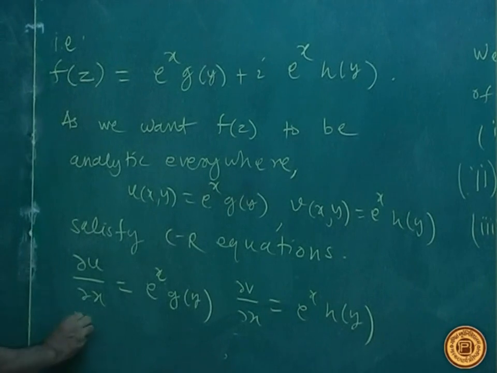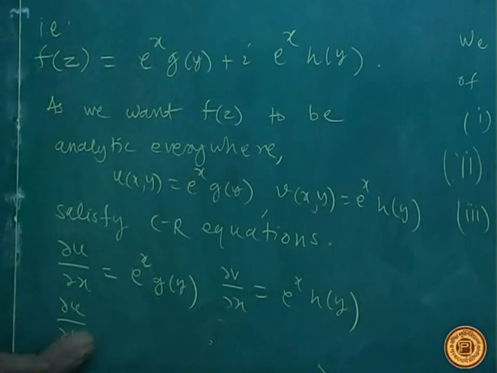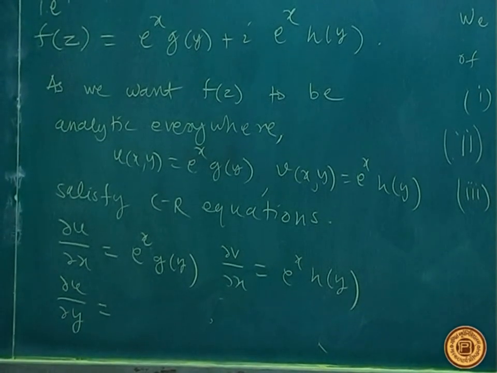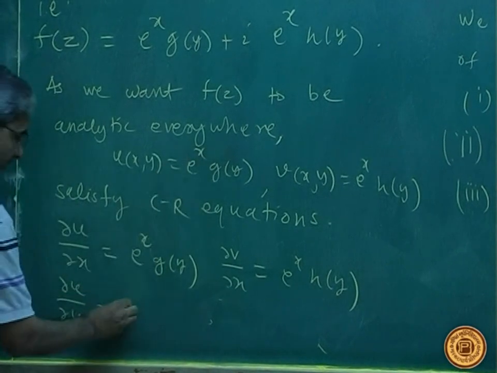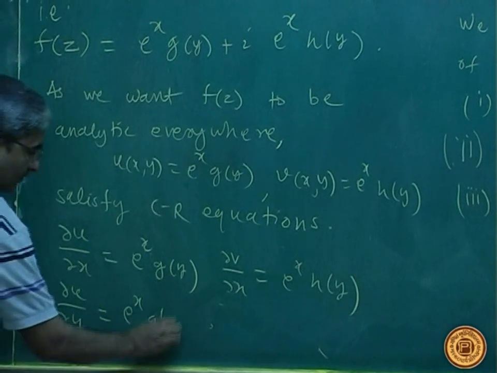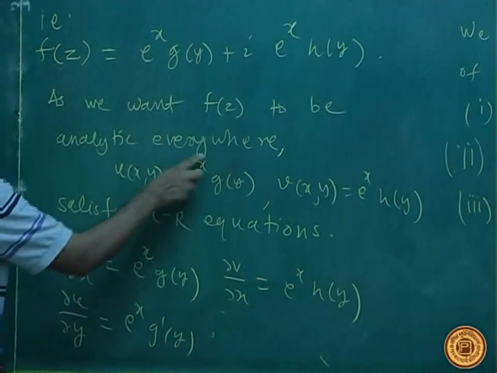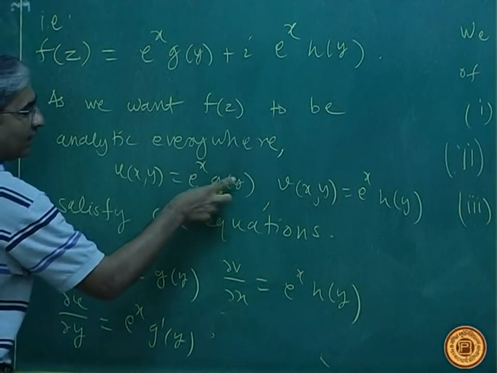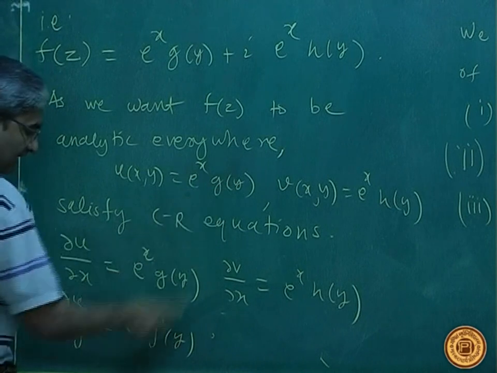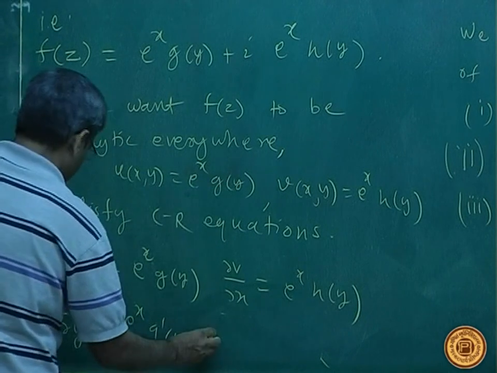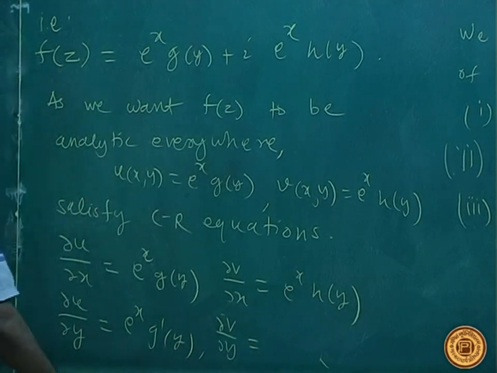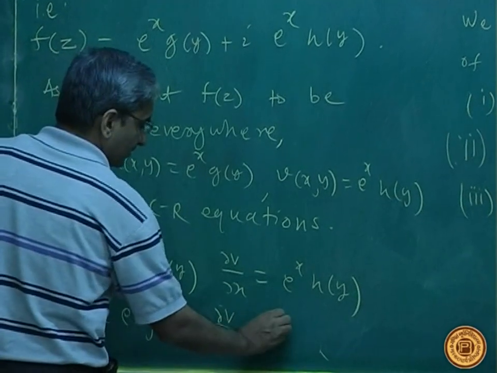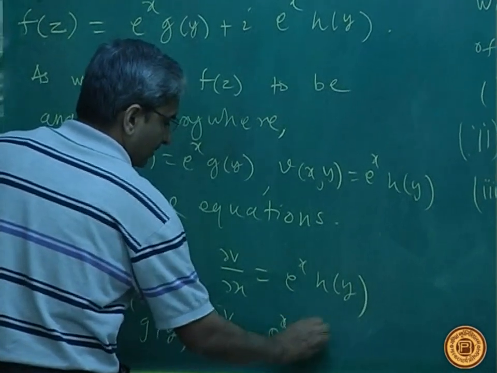Then ∂u/∂y is e^x g'(y), because this is independent of y and this is only a function of y, so its partial derivative is the same as its derivative. And ∂v/∂y is e^x h'(y).